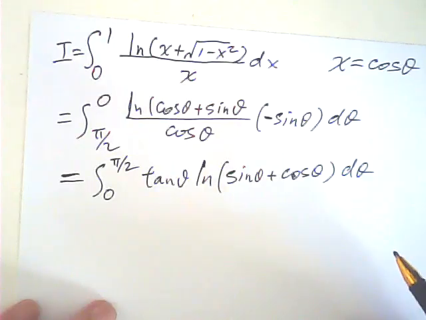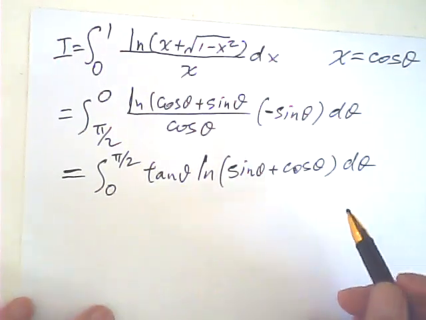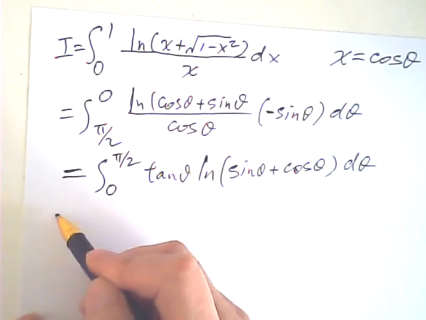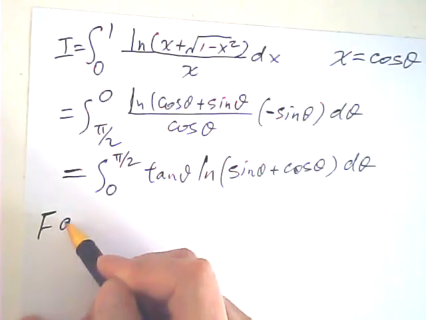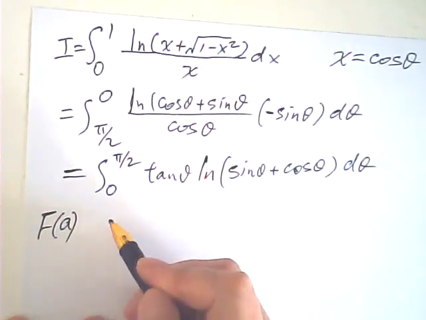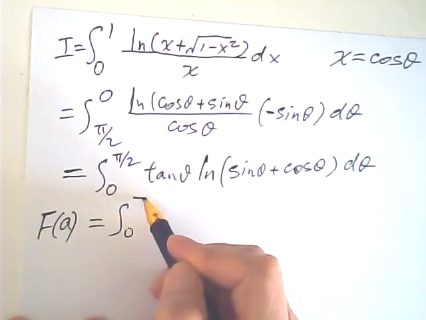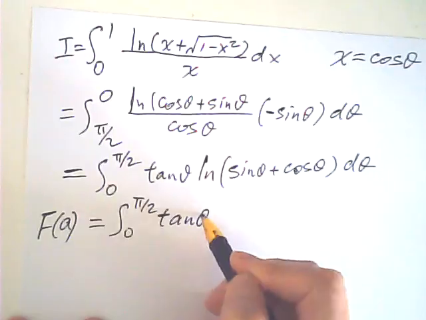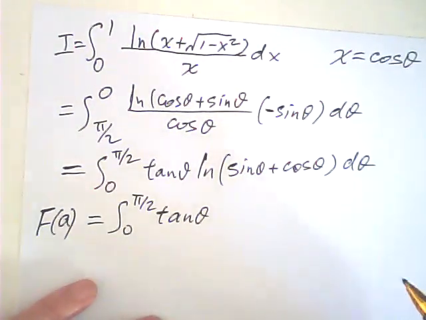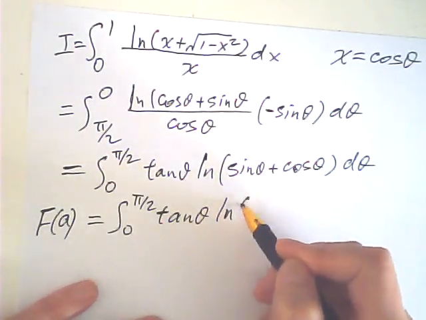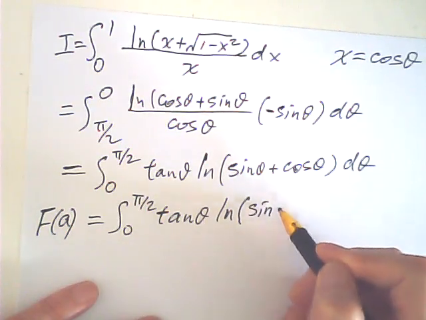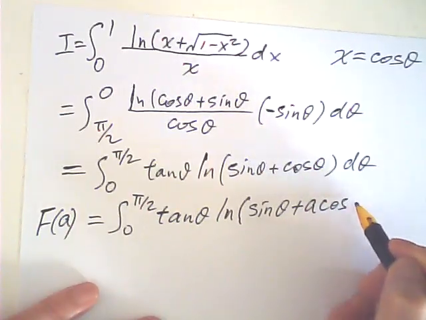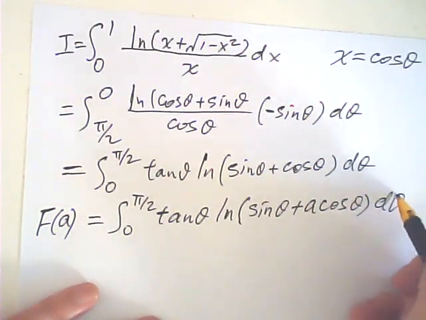And then I start the Feynman's trick. I create f of a is equal to the integral from 0 to half pi of tangent theta times log of sine theta plus a cosine theta d theta.